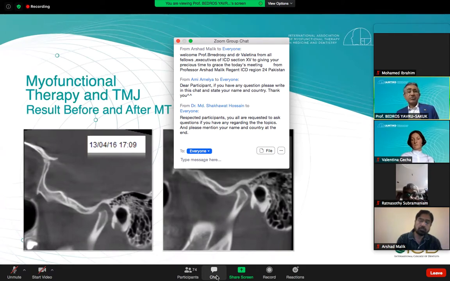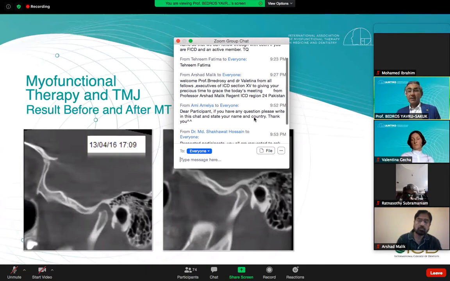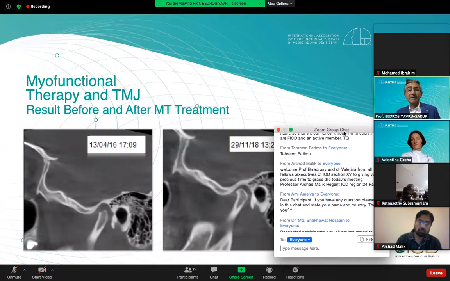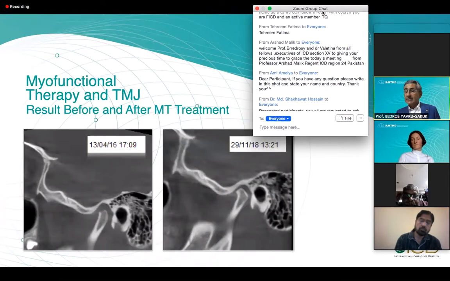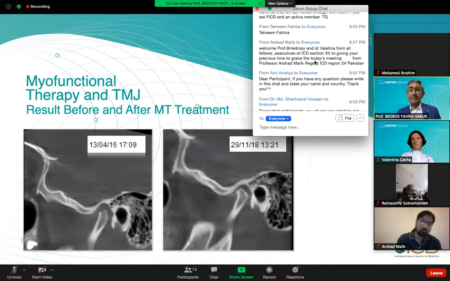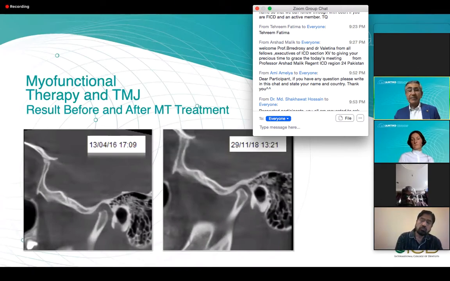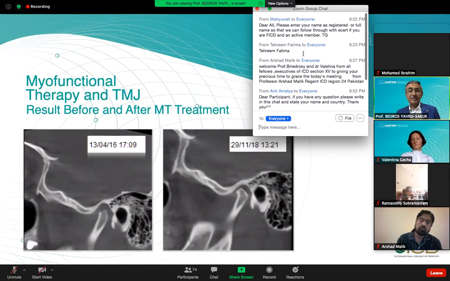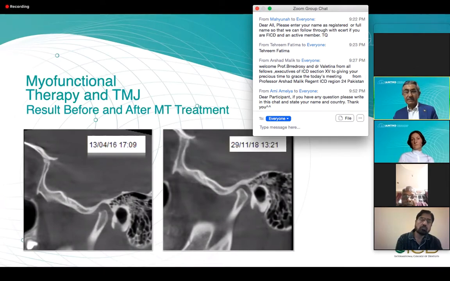And after myofunctional treatment, after 2.5 years, you can see the head of the condyle has been reshaped to its normal anatomical shape, and all symptoms, including pain, clicking, and limited opening of the mouth, are eliminated, and the patient is very healthy and satisfied.